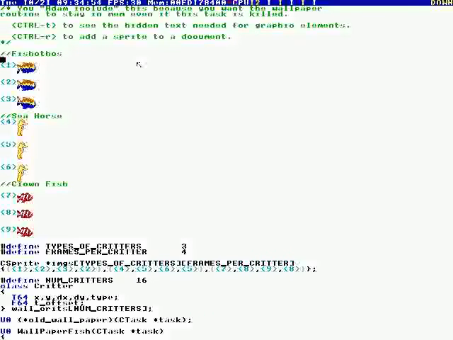In other operating systems, you have kernel memory. That's special memory.